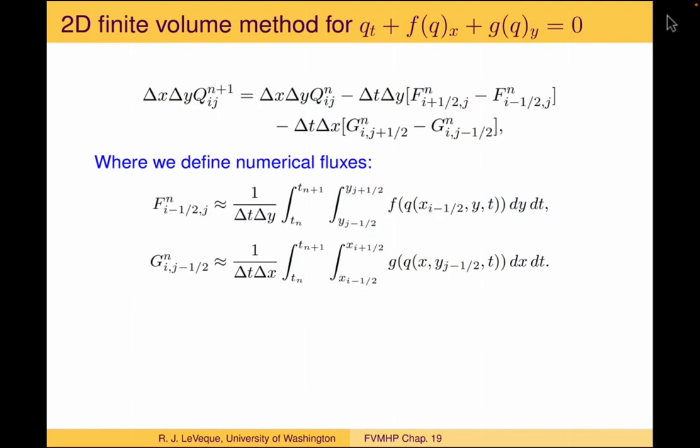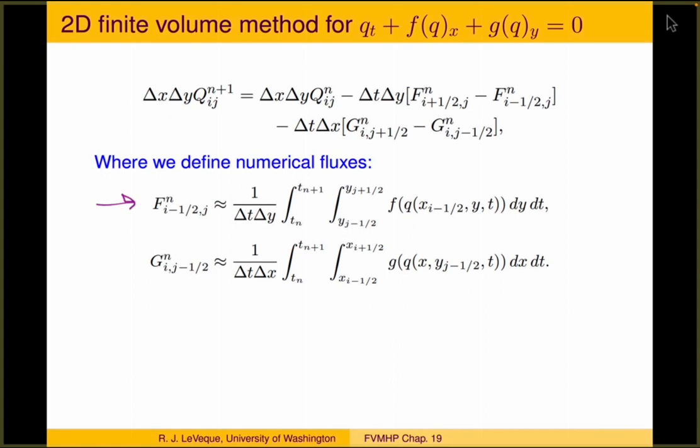So that's the same formula again, and that means that our fluxes f at i minus a half should be some approximation to the integral of the flux along the edge that we're integrating on, which would be a vertical edge at the left or right, at the left edge of the cell, in this case at i minus a half, and then also integrated in time from tn to tn plus 1, and then normalized by dividing by delta t and delta y, so it's an approximation to the flux.